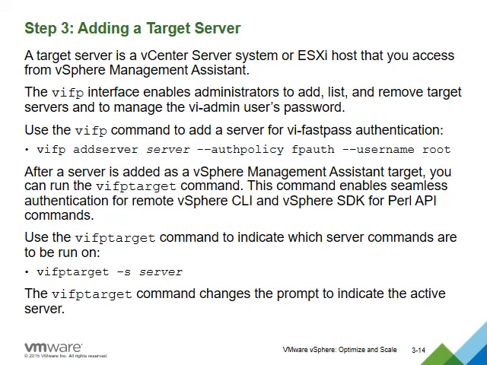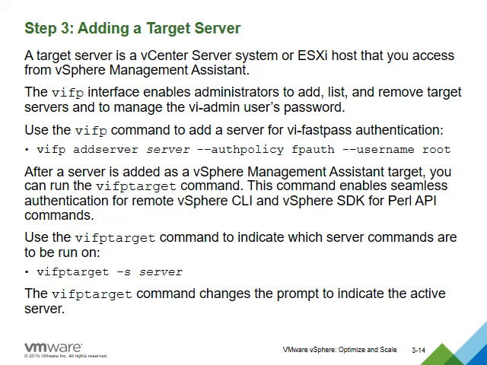The system remains as a vMA target across appliance reboots, but running vifp target again is required each time that you log into the vMA. You can establish multiple servers as target servers and call the vifp target once to initialize all the servers for the vFastPass authentication. Then you can run the commands against any target server without additional authentication.